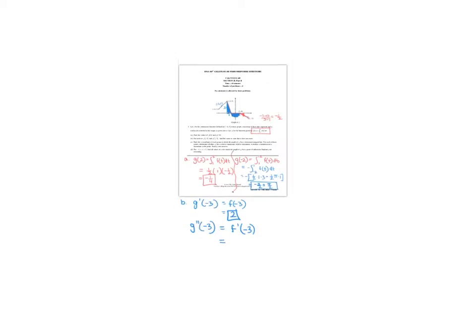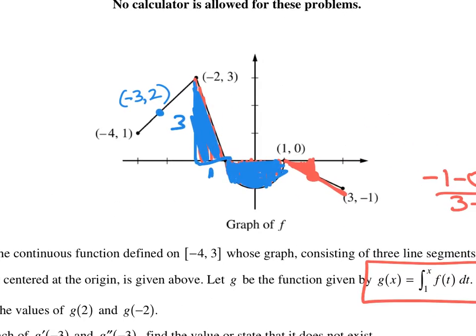Okay, so let's go back up to -3. What's our rate of change at -3? That's a line. It's constant, right? So no matter where you pick, whatever point on that line, the derivative is going to be whatever your slope is. And your slope is rise over run, which is up 1 over 1.